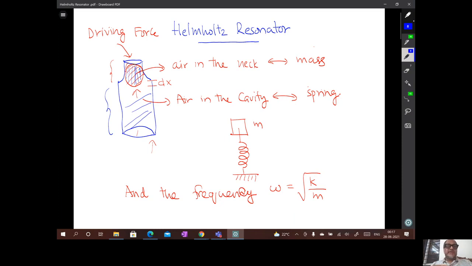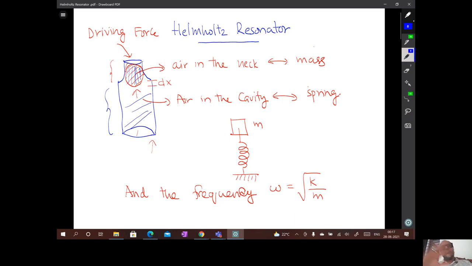So there is a reactive force that comes, and that force is actually like a spring. So you can model this Helmholtz resonator as a system with one degree of freedom, like a mass and a spring. So this is the simplest model that we are going to do.